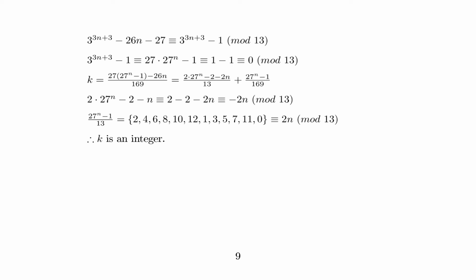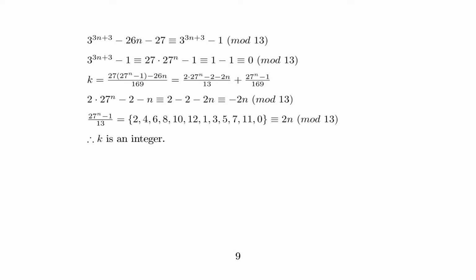First we calculate the number over 13, mod 13. That's 2 times 27 to the power of n minus 2 minus n, which would give us, oh actually here is a typo, that's 27 to the power of n minus 2n, equivalent to 2 minus 2 minus 2n, which is equal to minus 2n mod 13.